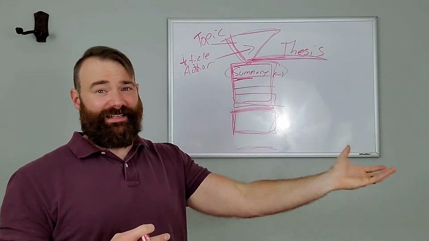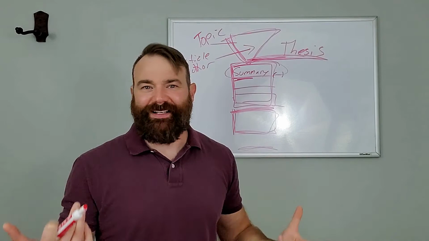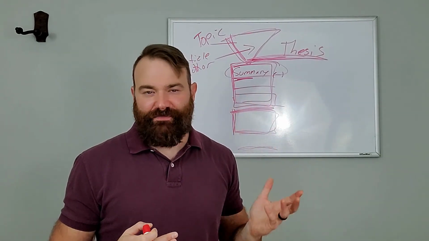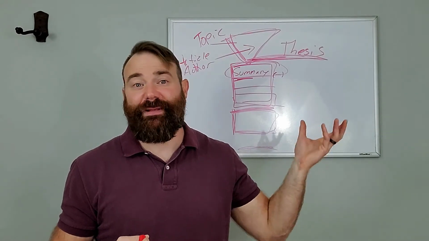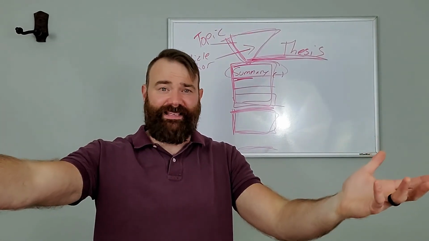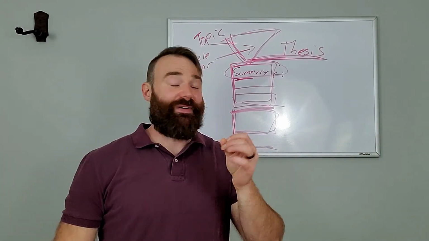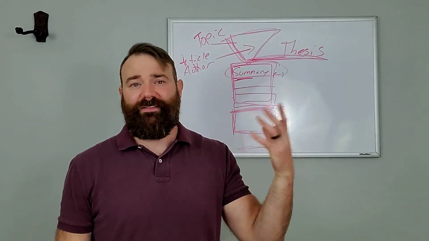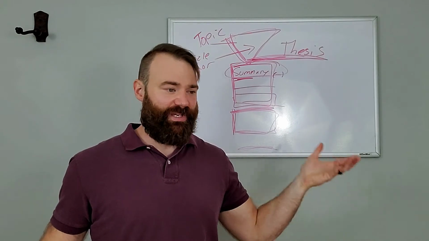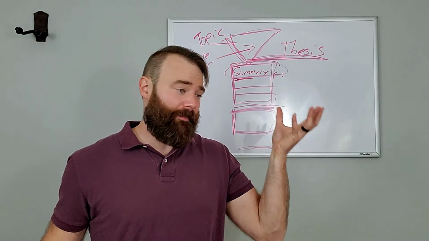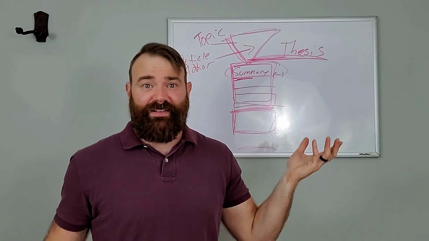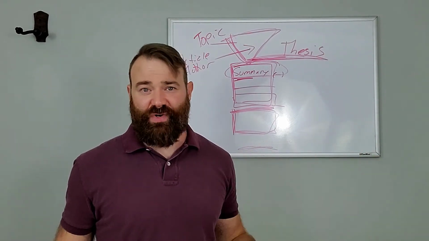Or maybe it's a somewhat convincing argument that will probably convince many of the audience members, but it could be better. Well, that's a claim, that's a thesis statement, right? So if you're saying it could be better or it could be more convincing, maybe you'll even add, it could be more convincing if the author brought up more information or provided more evidence to support what the author was trying to argue.